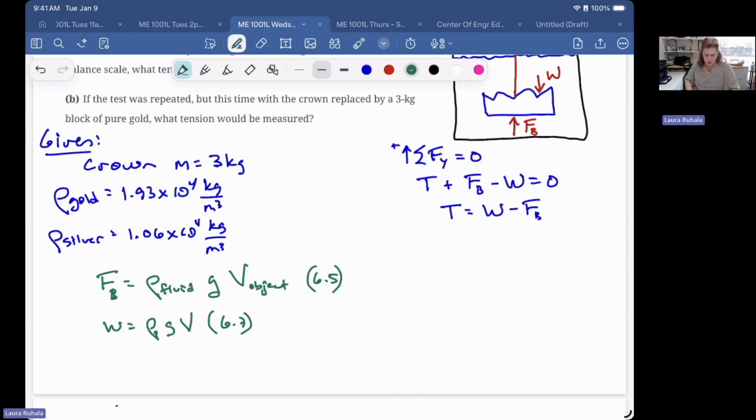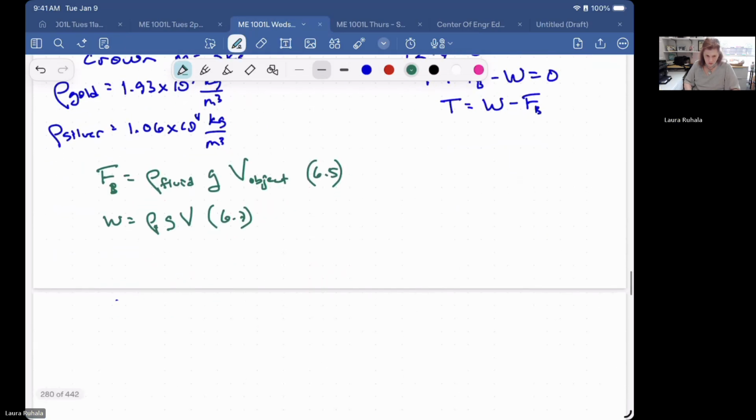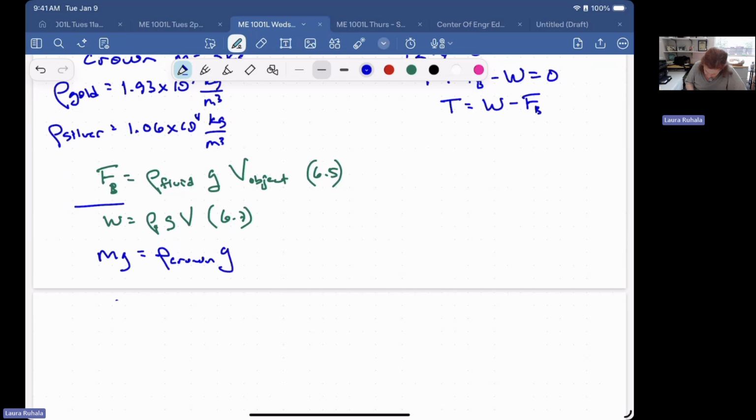How are we going to use these? So, starting off with equation 6.3, weight is equal to mass times gravity. That's equal to the density, let's say the density of the crown, times gravity times the volume of the crown.